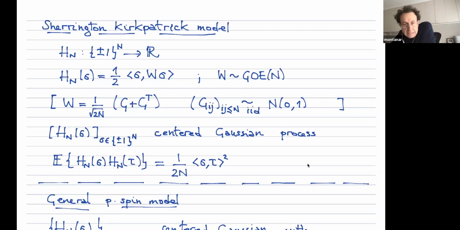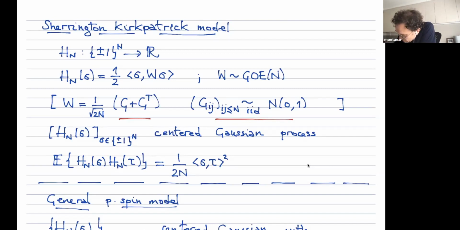I already defined this in the last lecture, but one way to construct it is to build an n by n array of standard normal random variables, and then you take G plus G transpose and normalize it.